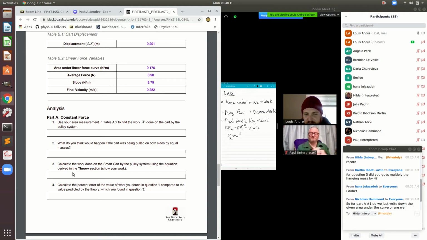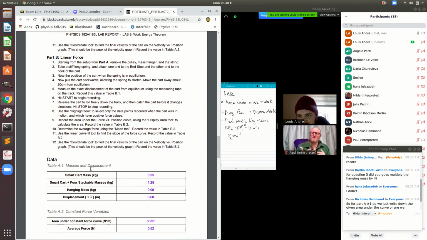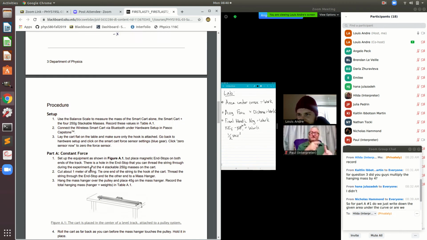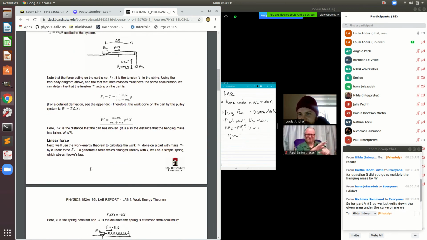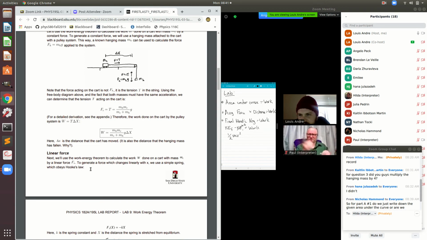Now, it's kind of confusing. I looked through this already. There's not really one specific equation they derive in the theory section for this. Oh, they're using this m over the sum of the masses times g delta x.